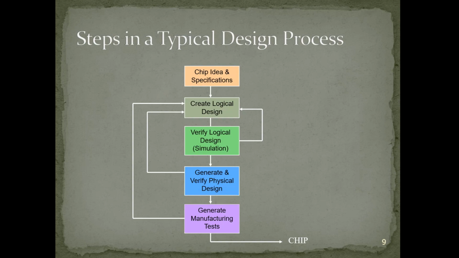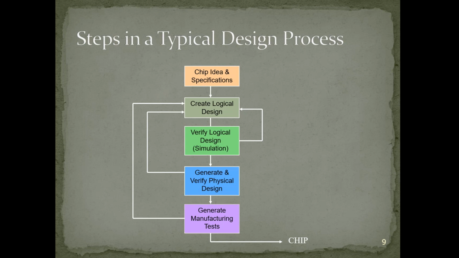First, we start with the idea, the specifications. We then create the logical design, and then we verify it, we simulate it. If the simulation basically indicates that we have some potential issues, we need to go back to the logical design creation, fix those errors, simulate again, and we keep doing that until we're satisfied that it works as intended.